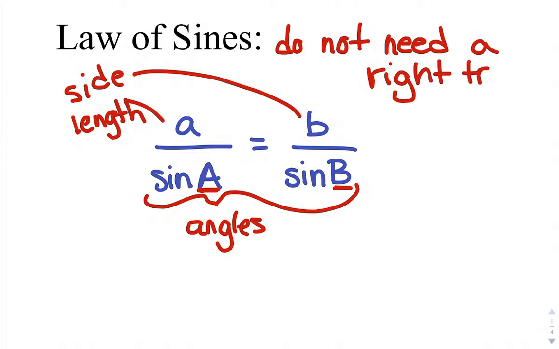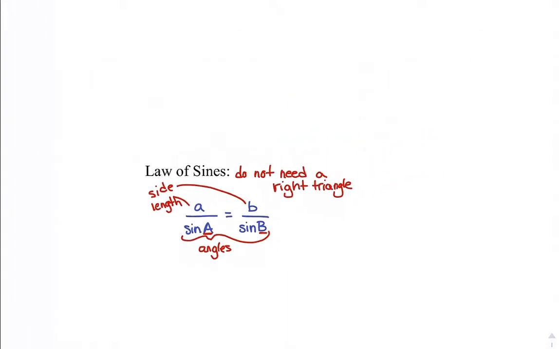So we can solve any triangle that's not a right triangle by using law of sines. So law of sines is A over sine A equals B over sine B. So the top is just some side lengths, and then the bottom is using your angles and the function sine.